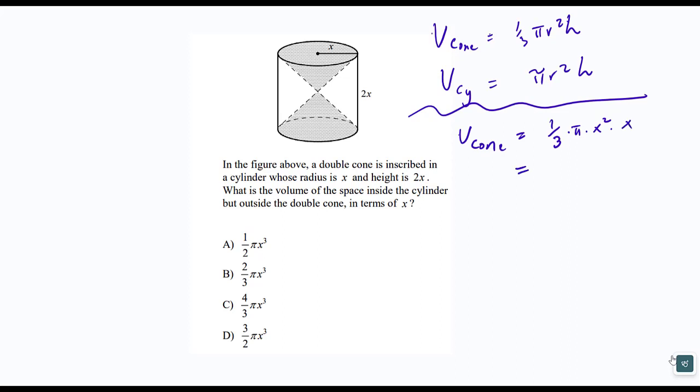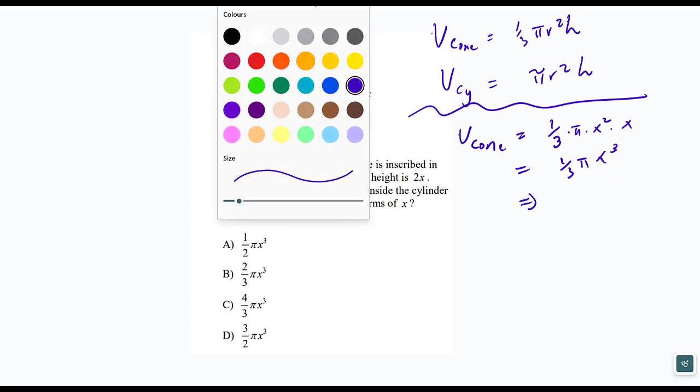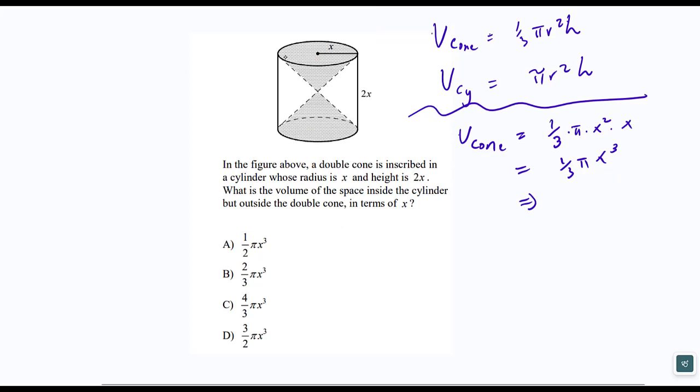So as a result, this is going to be 1/3 pi x cubed. Now we know that there's two of these cones, so I'm going to multiply this by 2. So I'm going to have 2/3 pi x cubed, and this is going to be the volume of the two cones combined.